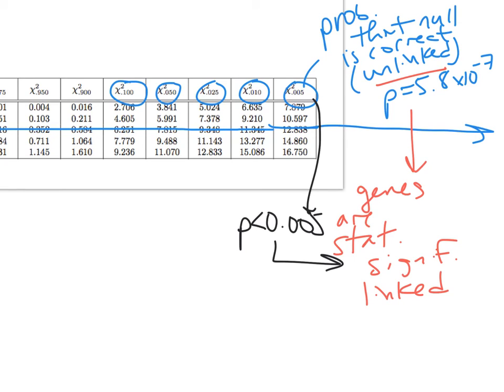If the p-value is less than 0.05, you reject the null hypothesis. That's one example of a linkage question in chi-square analysis.